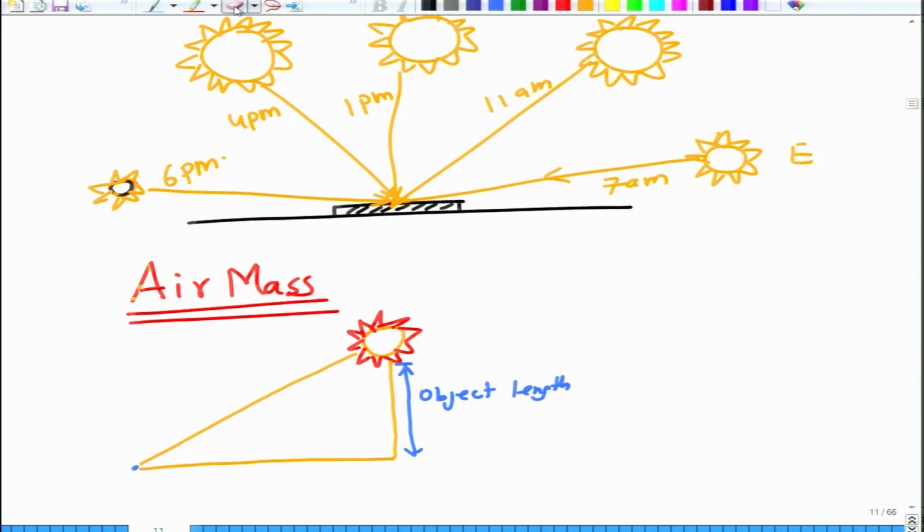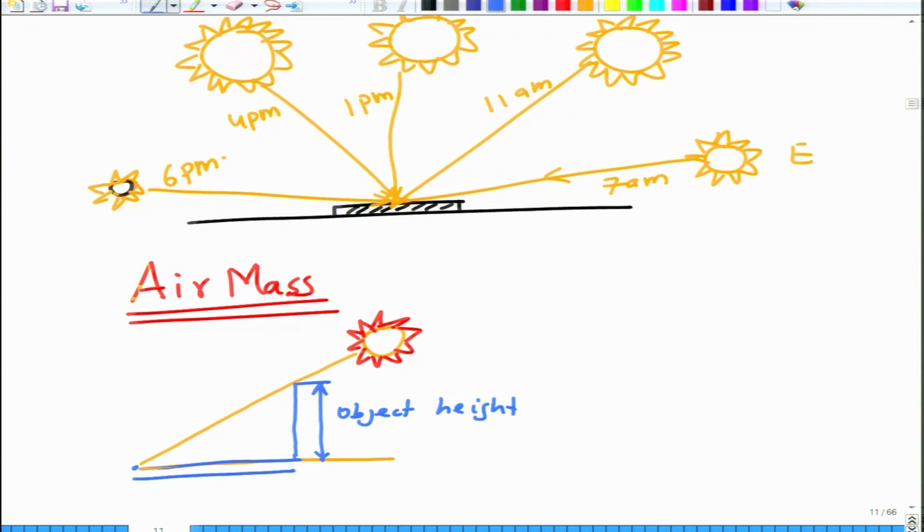Let me correct myself. So the object could be somewhere here. So let's say this is the object and this would be the shadow. All right. So this is the object height and this would be the shadow length. All right. So let's say this is h and this is small s.